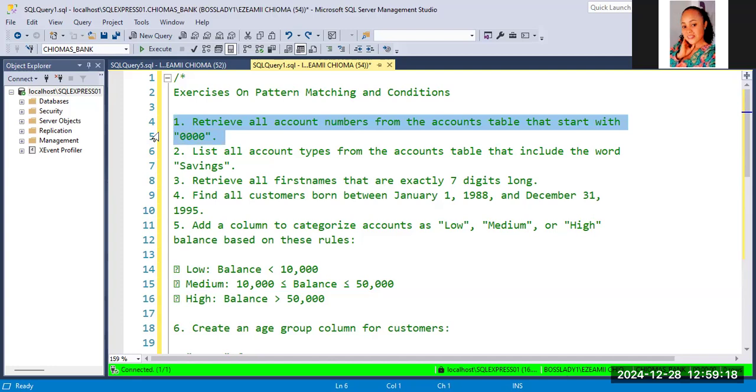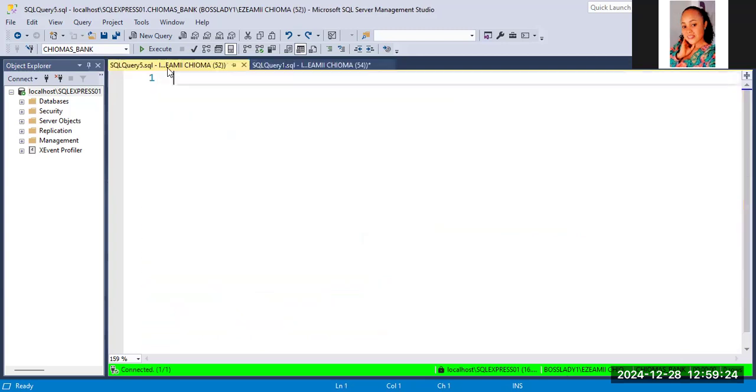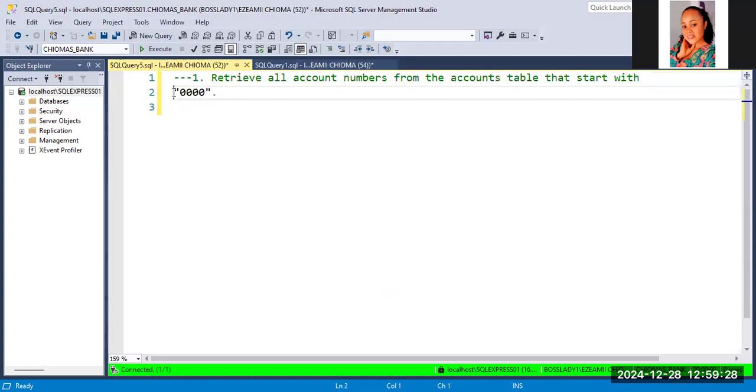So the number one question says, retrieve all account numbers from the accounts table that start with 0 in 4 places. So what this is telling us is that we are to filter our data because the stakeholders only want to see accounts that start with 0 in 4 places. So this is telling us that the column we should filter with is account number, okay?